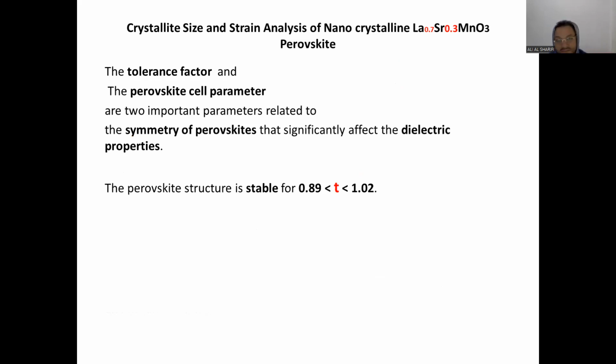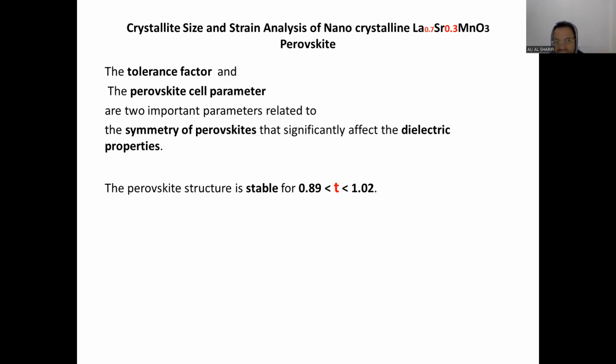The tolerance factor, like I said, is an important element, and the perovskite cell parameter is another important element related to the symmetry of perovskites. That means the tolerance factor and perovskite cell parameter can make the structure of perovskite symmetric.